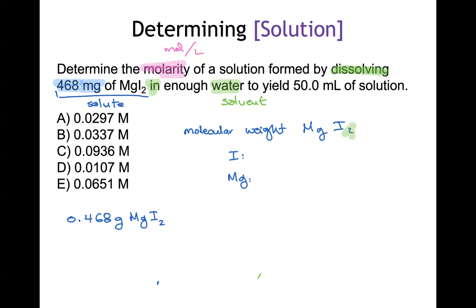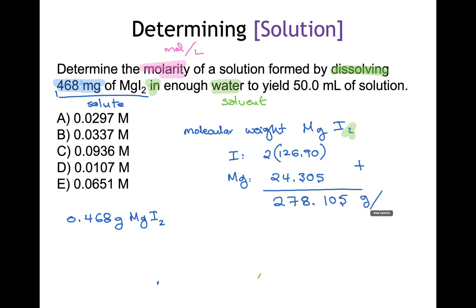It's 126.9. But I have 2, so I need to multiply it by 2. And for magnesium, I only have 1, and on the periodic table it's 24.305. Then you add those values up. You should get 278.105, and that's in grams per mole.